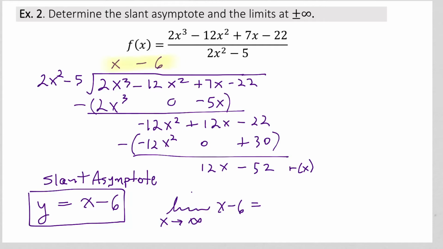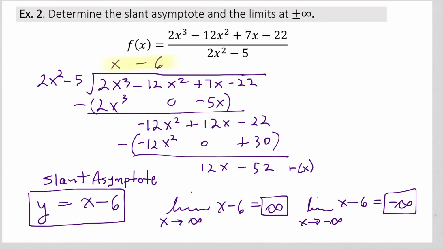So if you imagine x is a very large number and you subtract from it 6, which would be insignificant, you're going to get positive infinity. So that's as x approaches positive infinity. The limit as x approaches negative infinity would be negative infinity minus 6. The negative 6 is insignificant once again, but this time you're going to get negative infinity. So on the left end, your limit is negative infinity. On the right end, your limit is positive infinity.